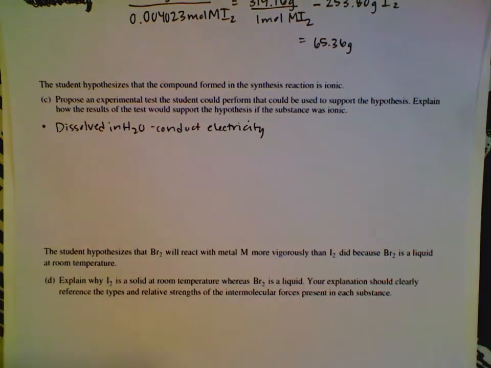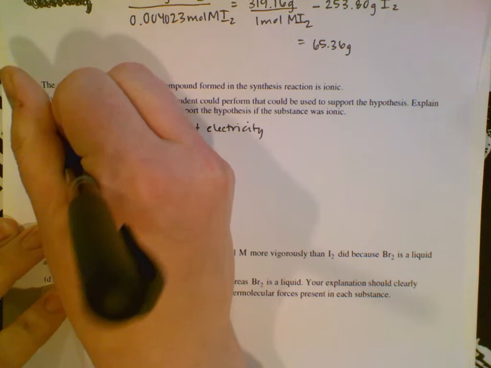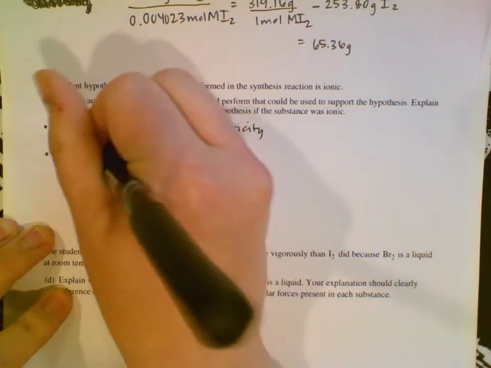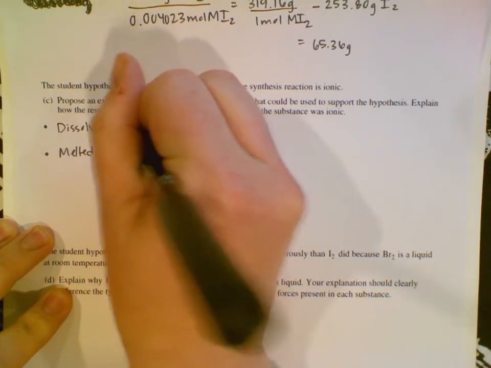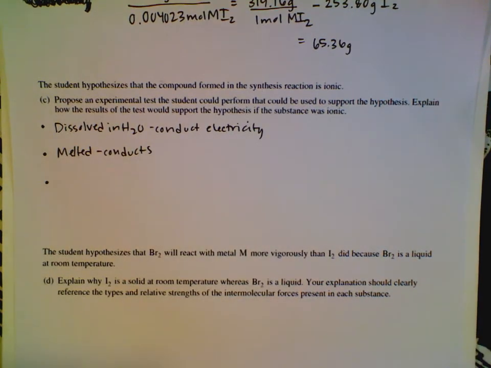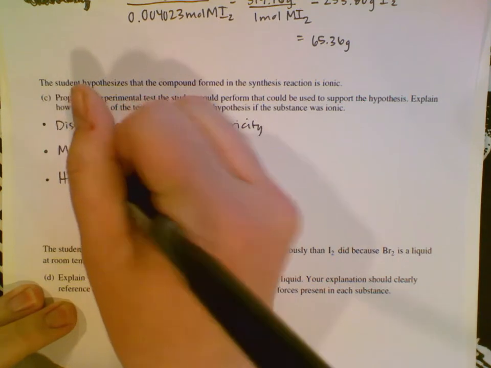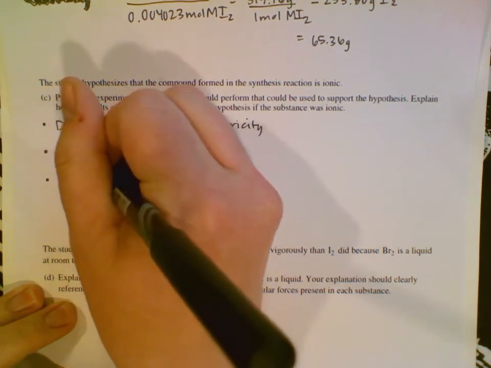The same thing, it conducts electricity when it's melted. And the other thing we know about ionic compounds is that they have incredibly strong bonds that are holding them together. So that would give them freakishly high melting points. We're talking unusually high melting points.